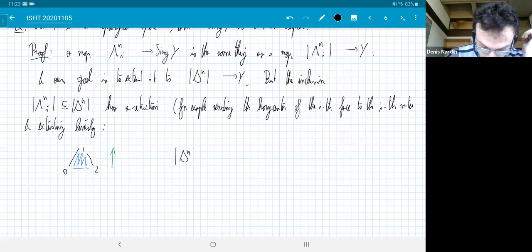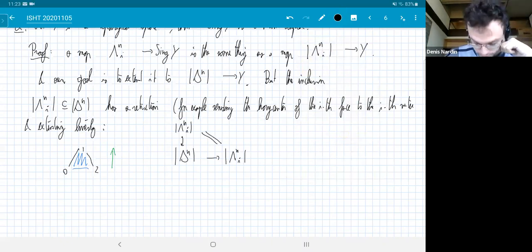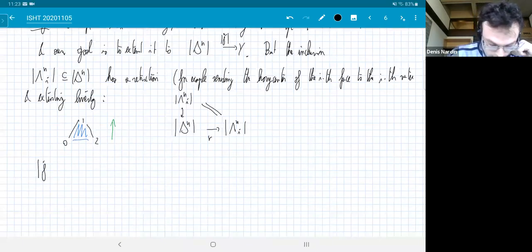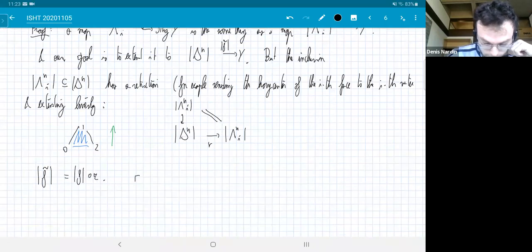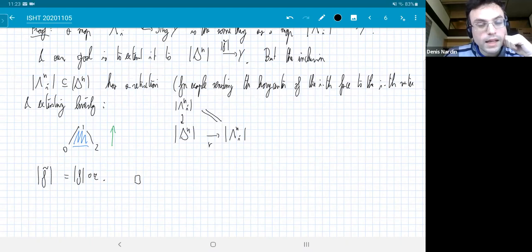So you have a map Δ^n to Λ^n_i on topological spaces that retracts. So we have f, and we just define this extension f tilde as f composed with the retraction. And if you think about it, this is literally how we define the composition of paths in algebraic topology 2 or 1, depending on which year you took it. You pre-compose by this map, and then you restrict it to the simplex 0, 2.